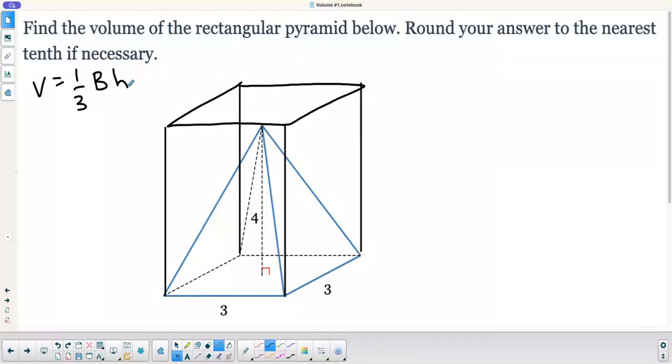Now we have to use 1/3 area of the base times the height, because I don't know what the base is going to be. It could be a square, rectangle, triangle, hexagon, could be anything. So my base here is going to be a square, so it's 3 squared, or 3 times 3.